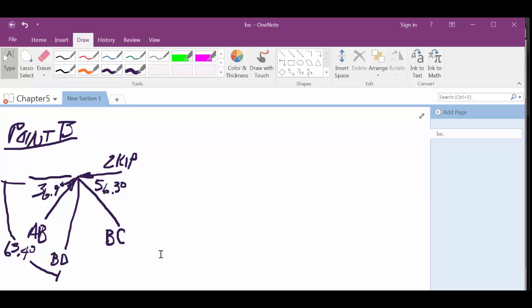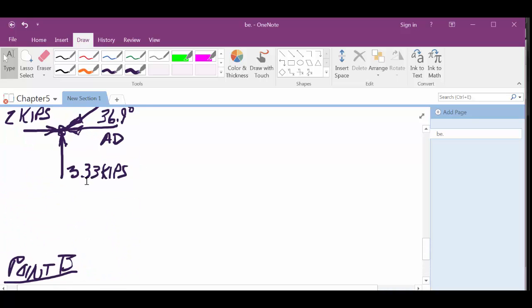Compression always points towards the point you're looking at, and it could be anywhere in between. Later on, we are going to cut the member right in half, or do a section of it, just like you would section a drawing in a CAD class. It's still compression there. No matter where you look at it, it's compression. So the arrow has to point wherever you're studying. So it's up and to the right here, down and to the left here.